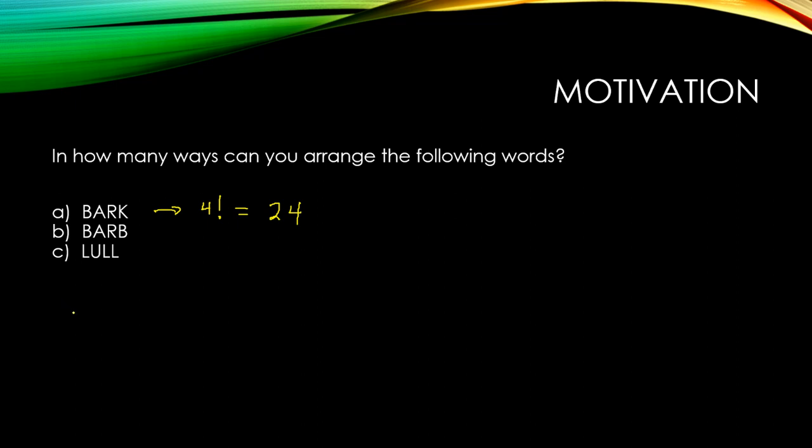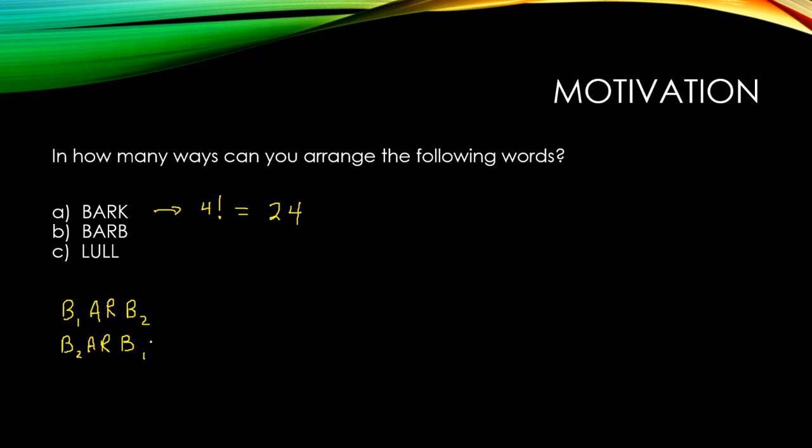there won't be 24 distinct ones because, for example, if I labeled the B's B1 and B2, well, I'd get the same word if I switch those guys around.